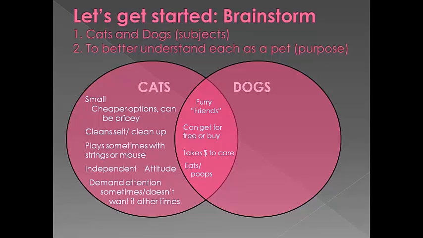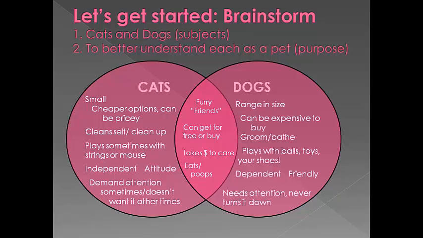Now, when we add the information for the dog, we want to try to match what we have on the other side so that we continue with the same kind of information. So when we throw that up there, we talk about how in regard to size, they kind of range. You can have a very small dog and a very large dog. We talk about the price. They can be very expensive to buy. Most of the time, people tend to buy a dog, and it can be somewhat inexpensive from someone you know, or if they're very well bred, it can be quite pricey.